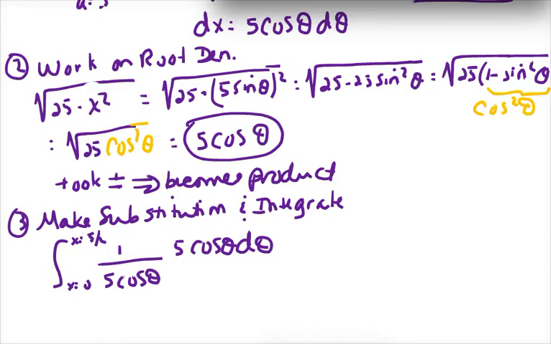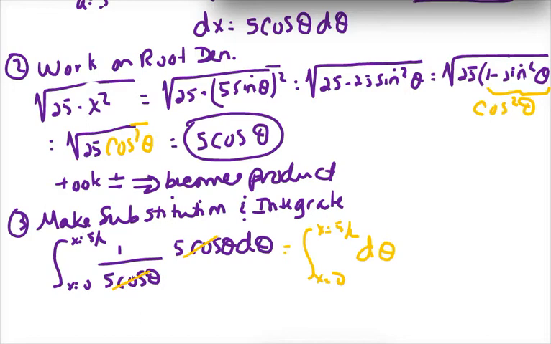But here we've got mixed pieces. We have our upper and lower limits in terms of x, but our integrand is in terms of theta, and we're integrating with respect to theta. So the mix needs to get cleaned up. We'll have to clean up the limits of integration. So let's algebraically reduce this. It cancels out, and you're left with the integral from x equals 0 to x equals 5/2 of simply d theta.